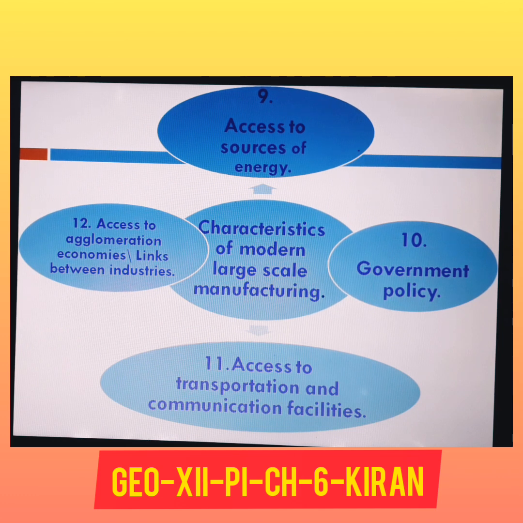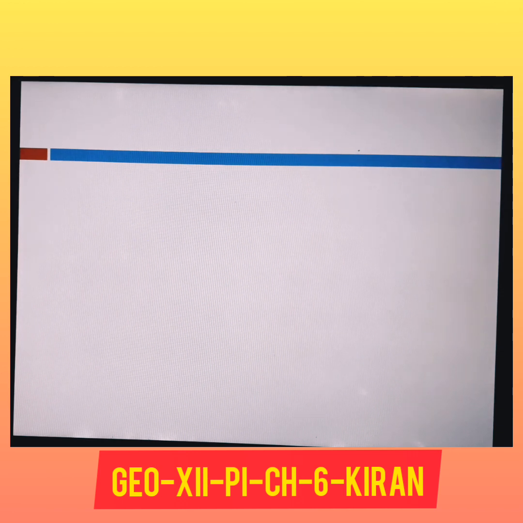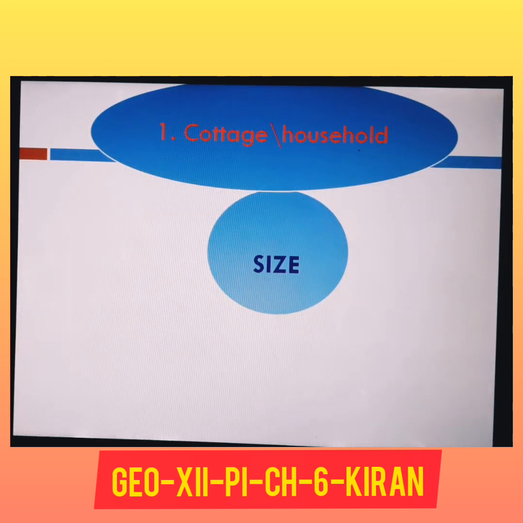Next, we have to understand the classification of manufacturing industries. The industries are classified on the basis of size, inputs or raw materials used, outputs or products, and based on the ownership. Let us see now the classification of industries based on size.